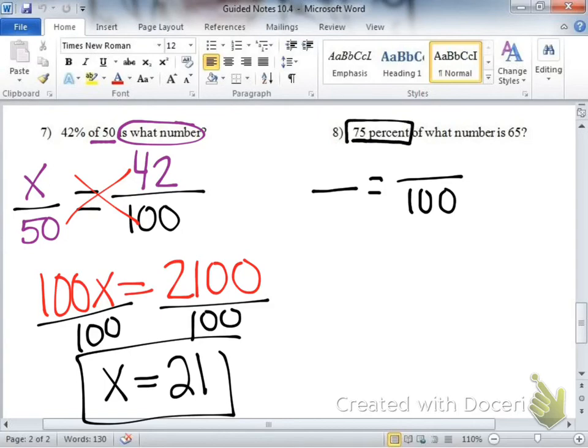I tried to trick you by writing out the word percent, and it appears that I did trick some of you, so awesome. But yes, 75%, whether it's the percent symbol or the word percent, it still goes above the 100. So 75% of what number is 65? 65 is the is, it goes on the top. We're looking for the original number, the whole thing.